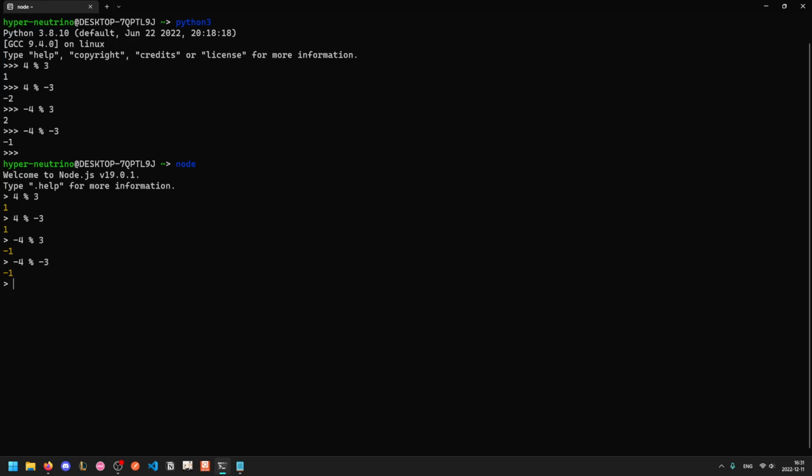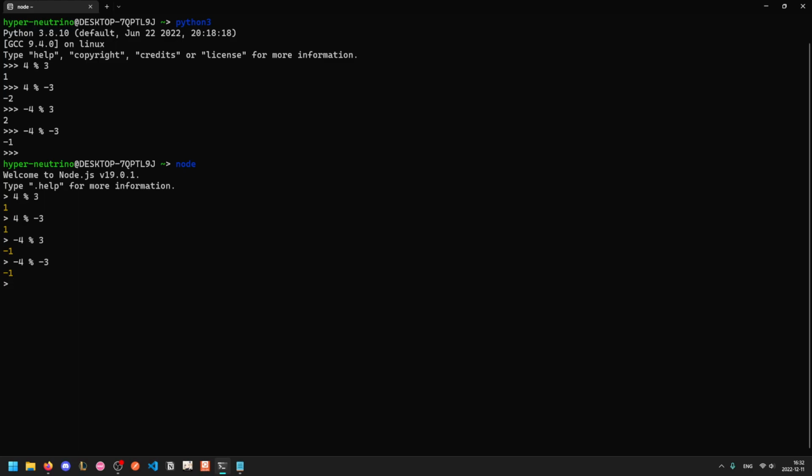So you should be aware of which one your language uses. Most of the time, you'll only be working with positive numbers on both sides, but sometimes your left side may be negative, and if you just follow Python guides, you might end up with weird errors because you're getting a negative output, so you have to be careful with this.